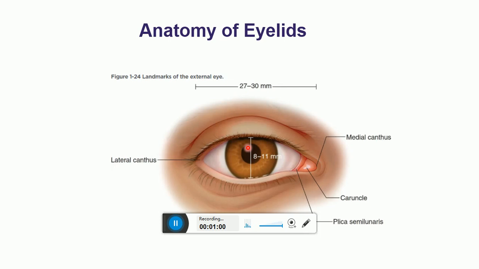Now, anatomy. Although this is a small area, the eyelid, it is complex in structure and function. When the anatomy of the upper eyelid is described, it is helpful to divide it into distinct segments from the dermal surface inward.